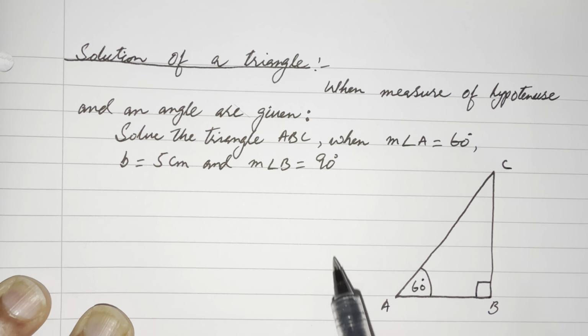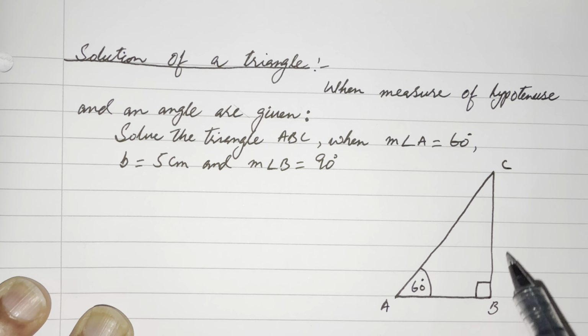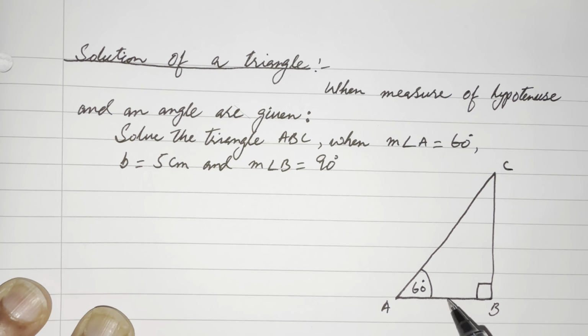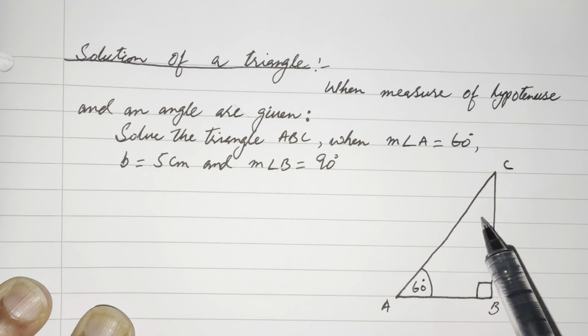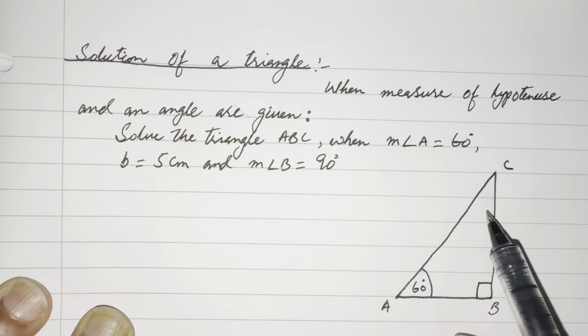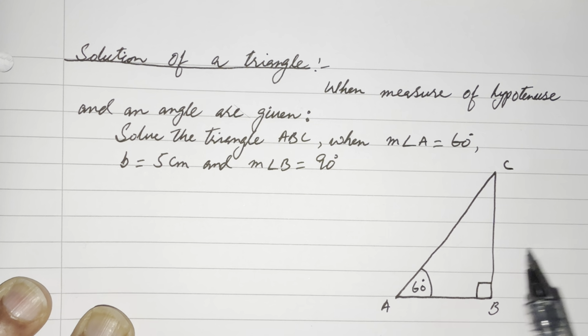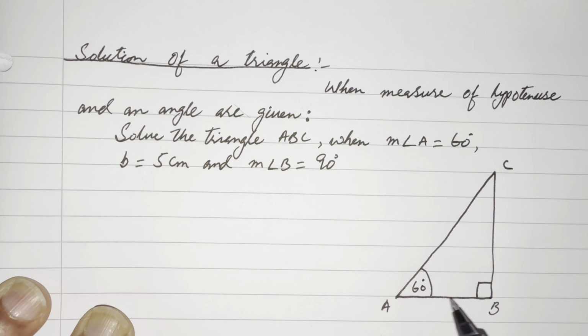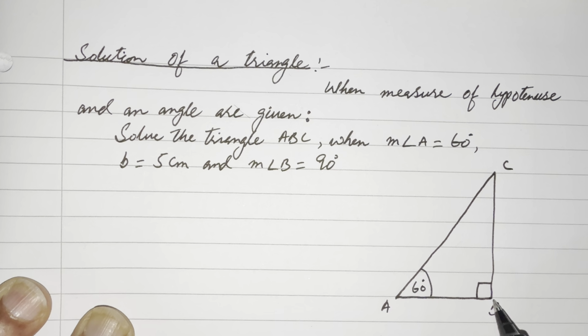For the solution of a right angle triangle, we have to know the lengths of the sides and the angles of the right angle triangle. So we know two angles of this triangle. One is angle A, which is 60 degrees, and one is angle B, which is 90 degrees.